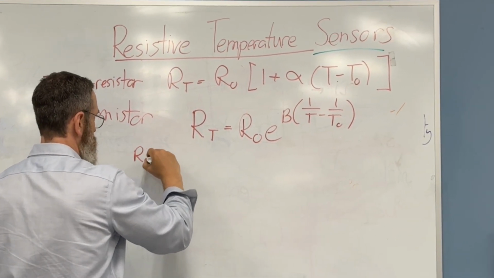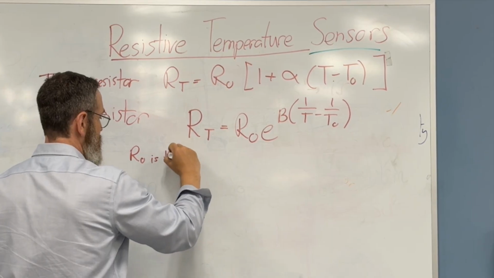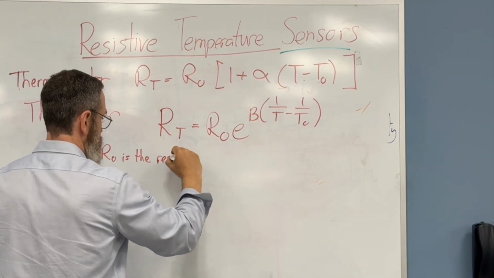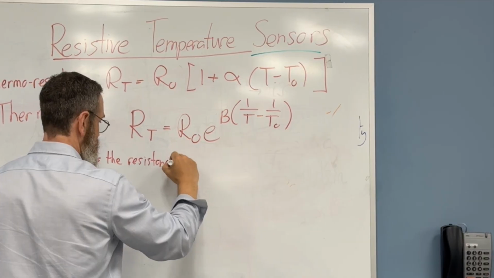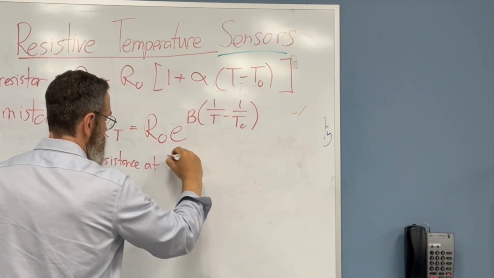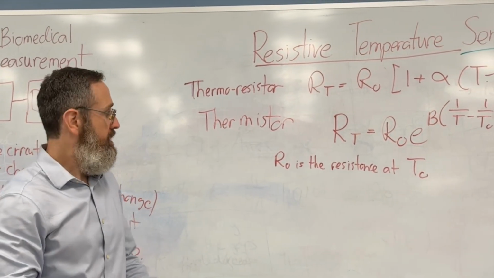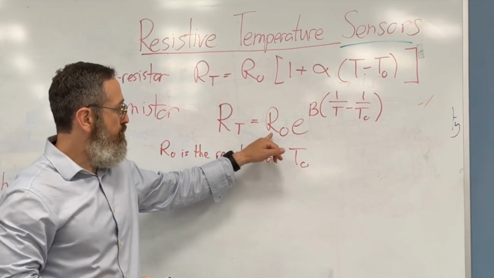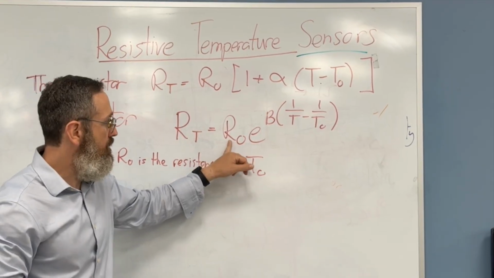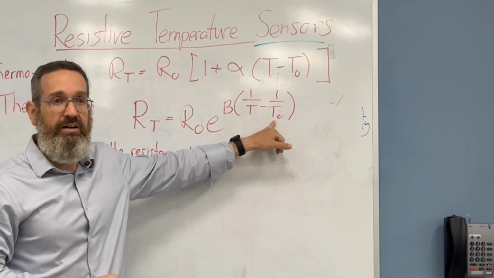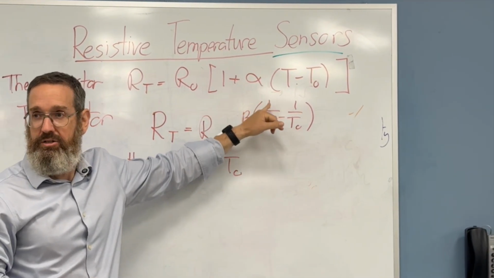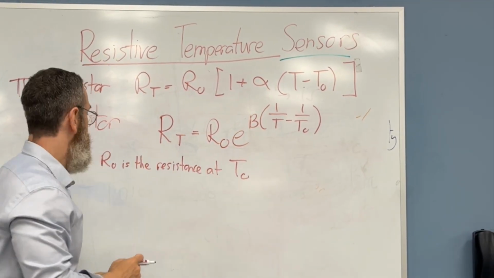R sub 0 is the resistance at T sub 0, which was the same thing that we had for the thermoresistor. So again, just put a number here. This could be 1 ohm, and this could be 25 degrees. It's a slightly more complicated equation, but just put numbers here.